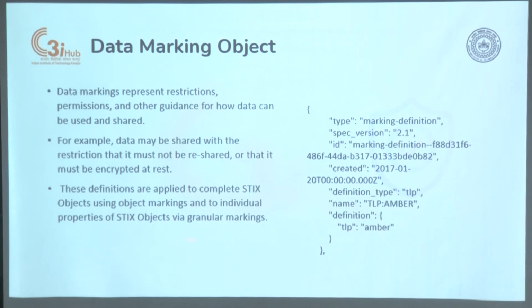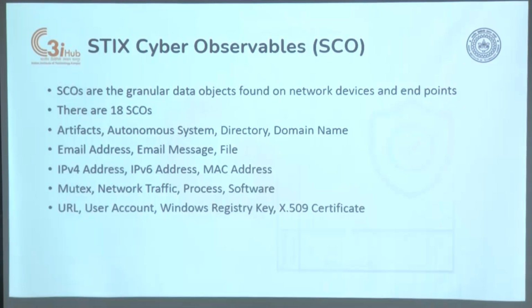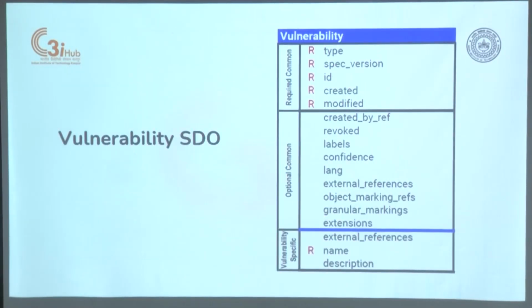Object marking says that if the entire SDO is marked as, let us say, red, then the entire object is not going to be forwarded. But if you say this is green, but you do some granular marking, for example, this one you may not want to share the name, so some specific property you cannot share, that will be in the granular marking.